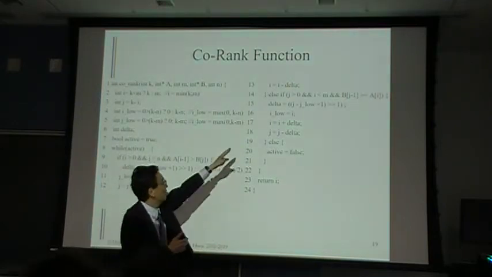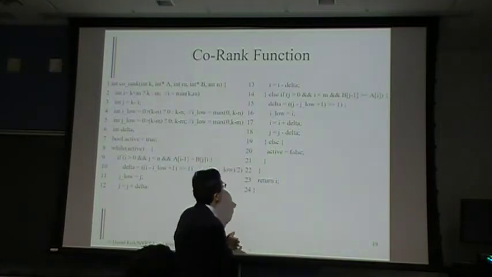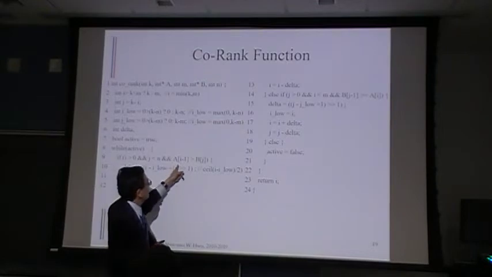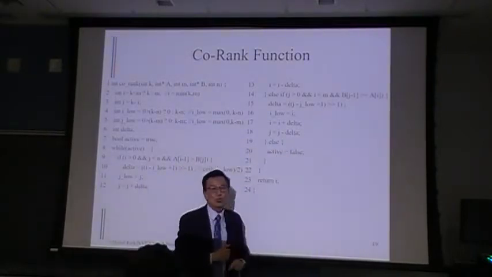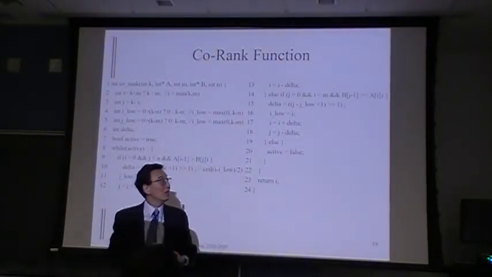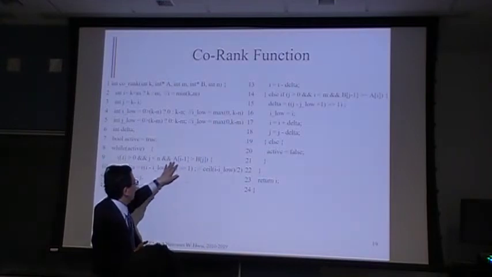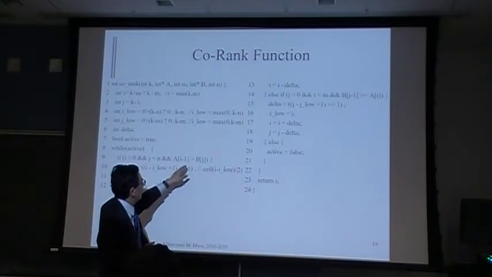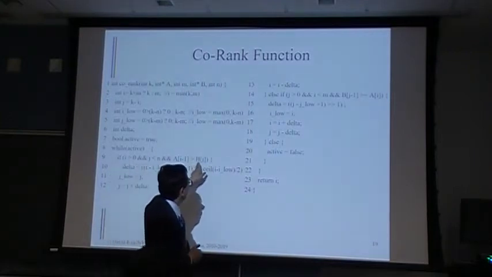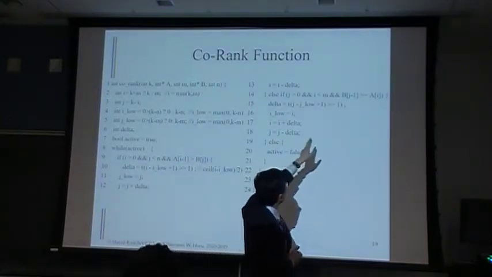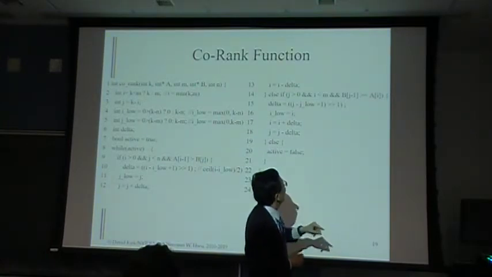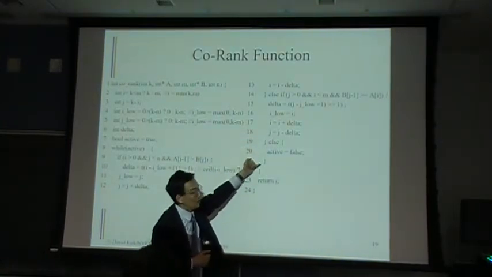So that determines how you do each of these. And until neither this nor that is true, right? So if it becomes that A[i-1] is less than or equal to B[j], and then B[j-1] is less than A[i], then you come down to here, right?